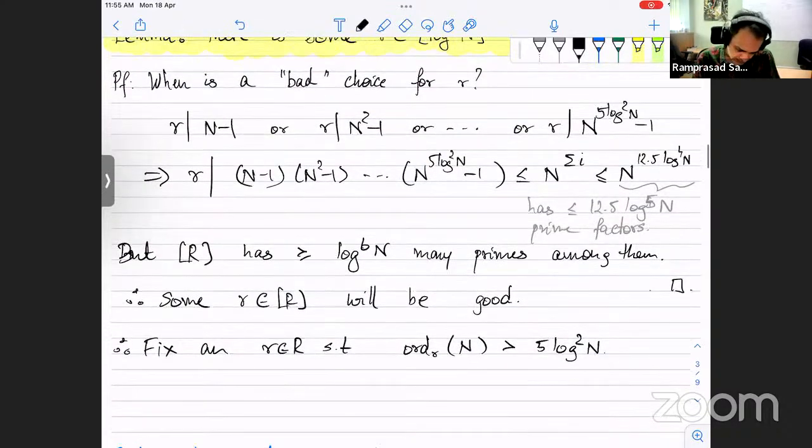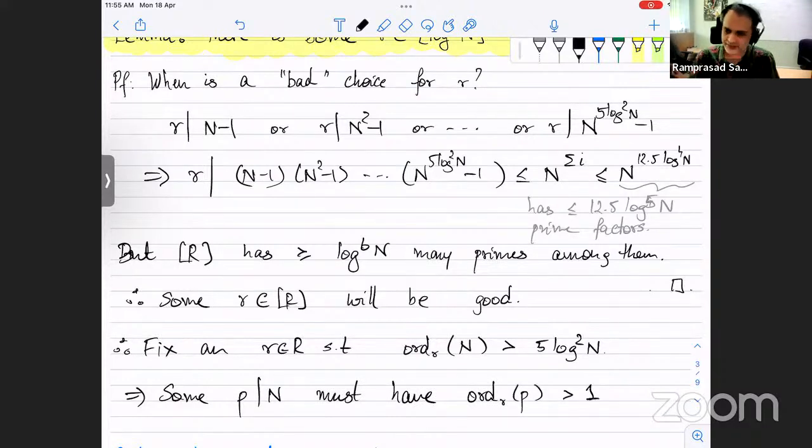Okay, so notice that this also implies that some p that divides n must have order_R of p at least 2 or more. Because if all the prime factors are of the form 1 mod R, then n will also be 1 mod R. And how can the order of n be as large as 5 log squared n or something? So it better be the case that one of those prime factors has a non-trivial order. And by non-trivial, all I'm saying is that it has order at least 1.